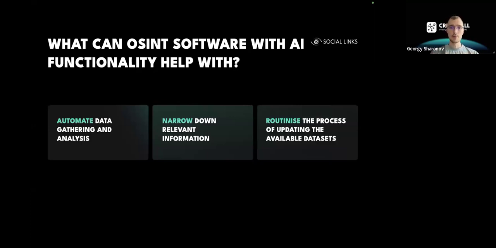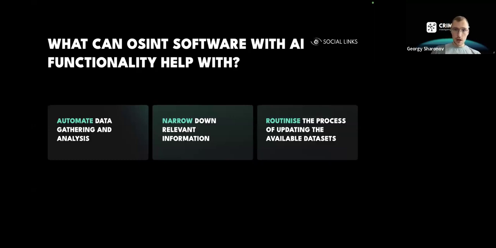And finally, because we live in a globalized world, it's also important to acknowledge the language barriers that are always there when you work with data or content from abroad, which is not in your native language, and this is also a problem sometimes.